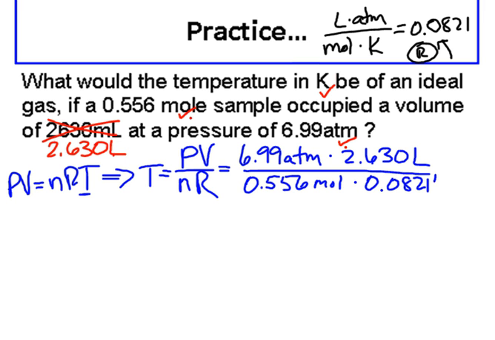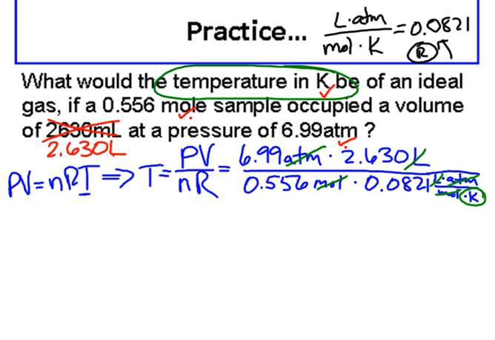Now here's the thing, liters, atmosphere, mole, Kelvin. I need to include that whole unit in my equation. So now, I'm going to cancel units out. If you look here, moles are going to cancel out, liters are going to cancel out, and atm is going to cancel out, which means all I have left is Kelvin, which is good because that's what I'm trying to solve for.